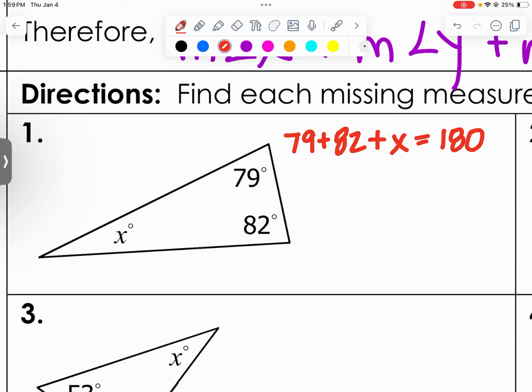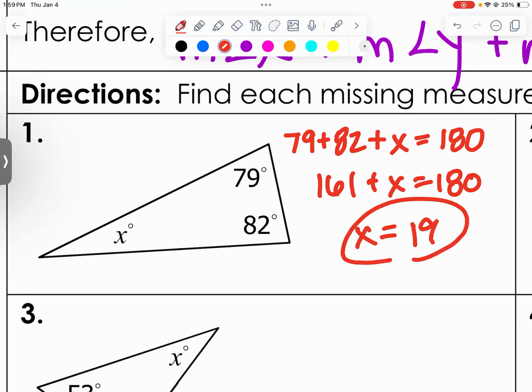Right? Oh man, I know we're coming off of a really long break. What's 79 plus 82? 169. So what's X? 19. X is 19. Cool.